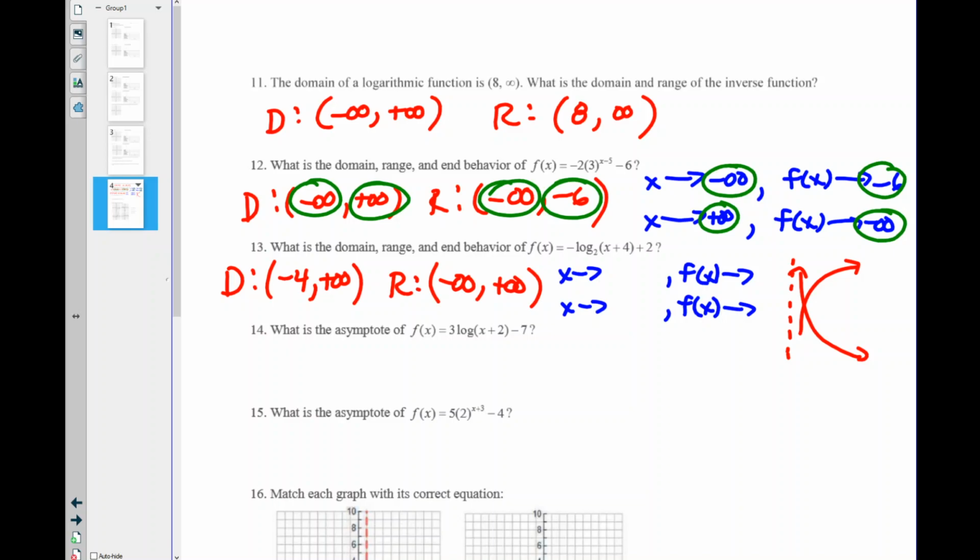Now remember this flips, so we're really looking at, it's gonna look something like that. What's the left arrow doing? It's going to the asymptote with x. What's it doing for y? Huh? It is going to positive infinity. What's the right arrow doing?